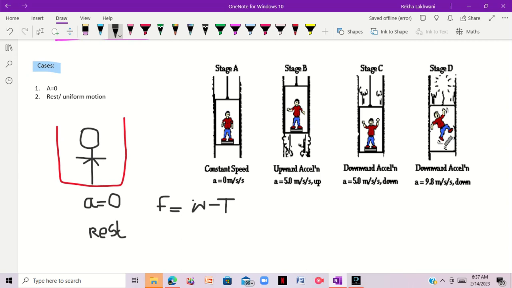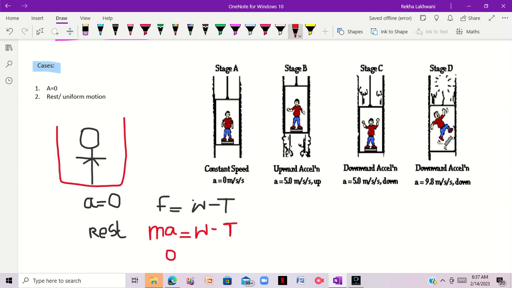When the acceleration is 0, we will put the formula F = ma, and here we have W minus T. So the expression is 0. 0 multiplied by mass will be 0.